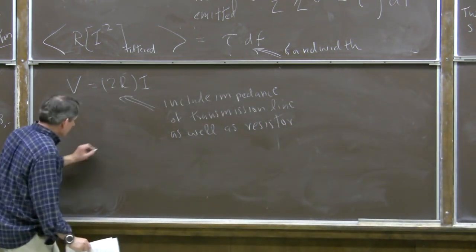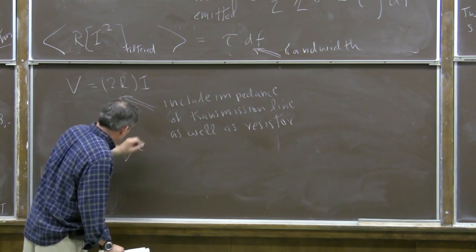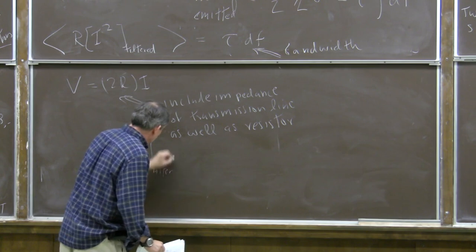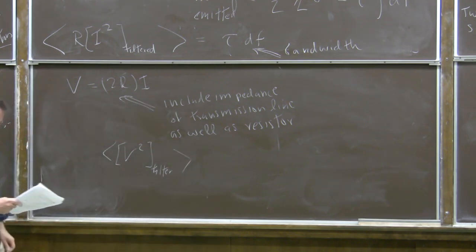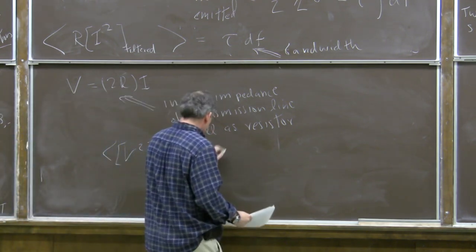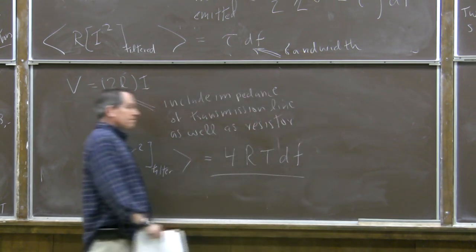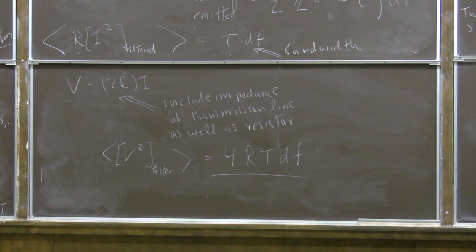So that means if you consider the filtered voltage signal, its fluctuations are 4R tau df. And that's Nyquist's formula.